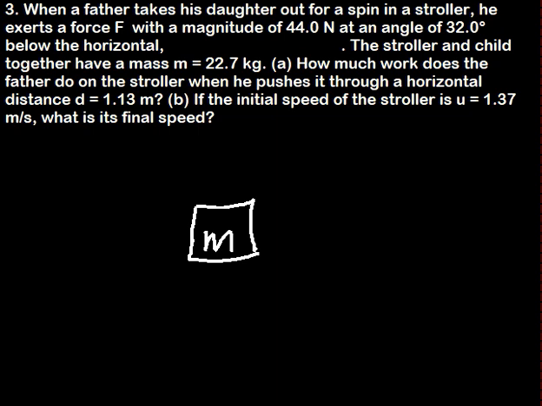And let's say the father is applying the force, going over in that way, and the force is at an angle of 32 degrees below the horizon. I should have it this way.